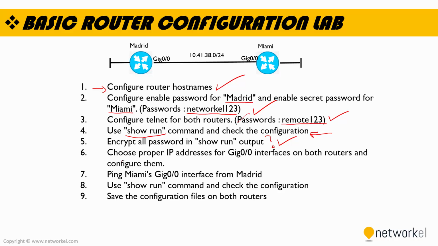Now, in the 6th step, choose proper IP addresses for Gig00 interfaces on both routers and configure them. Let's first choose proper IP addresses for the interfaces.